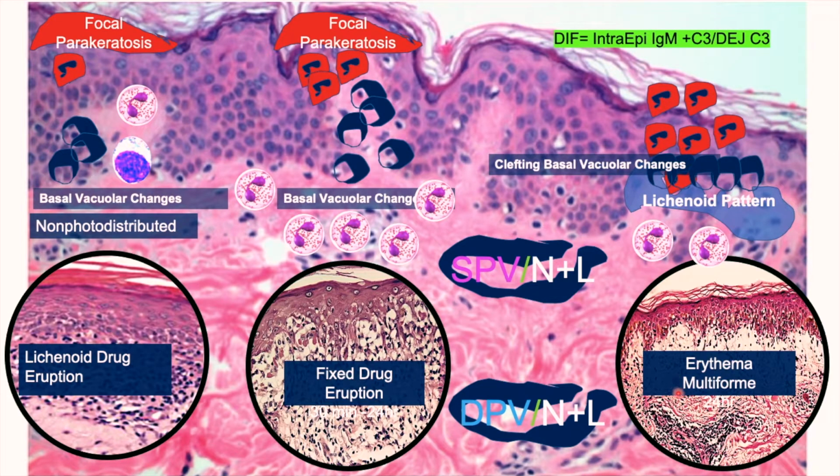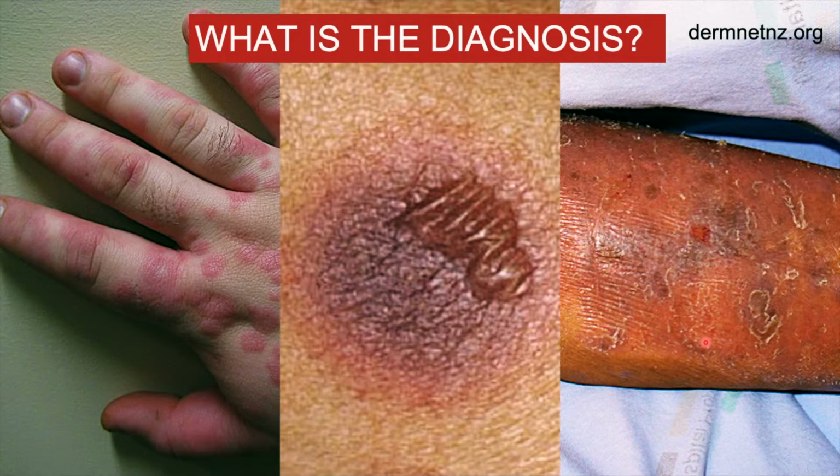So this is erythema multiforme, and when you see clefting that is more severe and causes the epidermis to split from the dermis, in addition to epidermal necrosis, this is usually the more severe form of erythema multiforme, which is TEN. So these are just clinical examples.